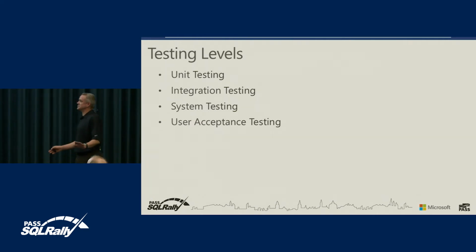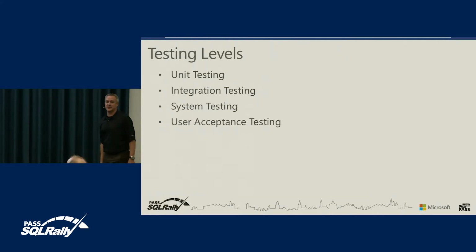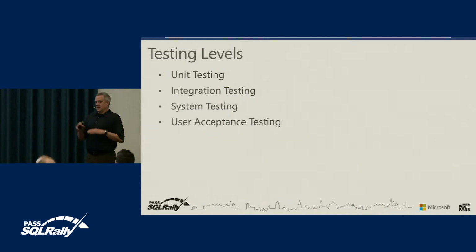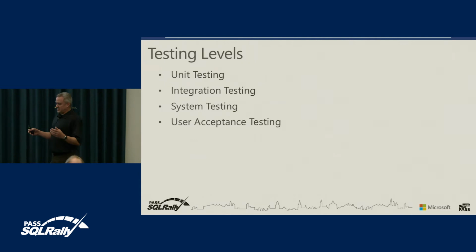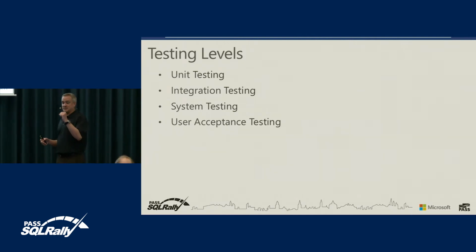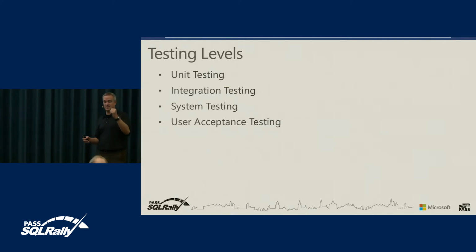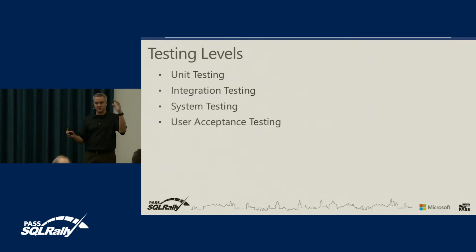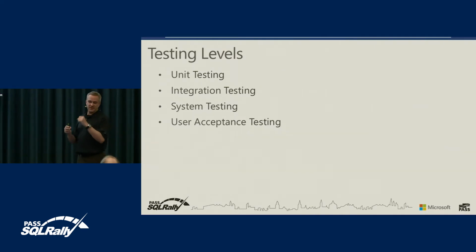So testing levels, we have the terms unit testing and integration testing. It can be kind of confusing within integration services because we call unit testing a specific item in the control flow until we talk about the data flow, right? Because usually there are other pieces within the data flow. So if we tested one data flow, I would call that more of an integration test because I'm testing all the pieces within that.